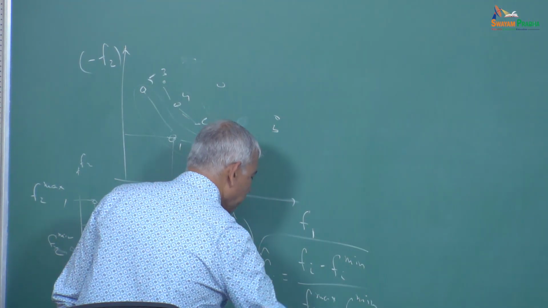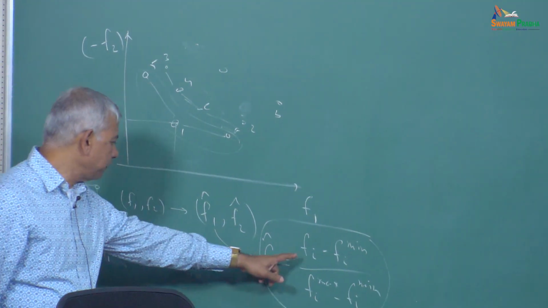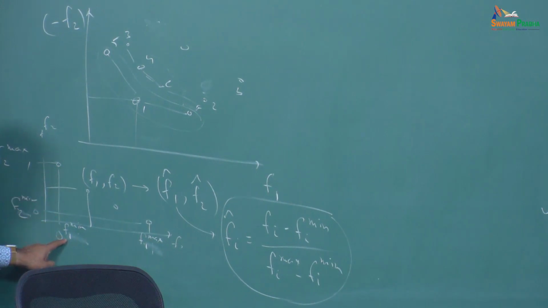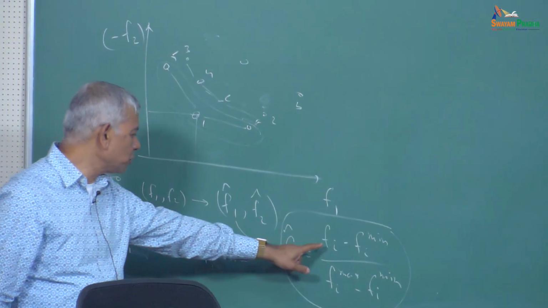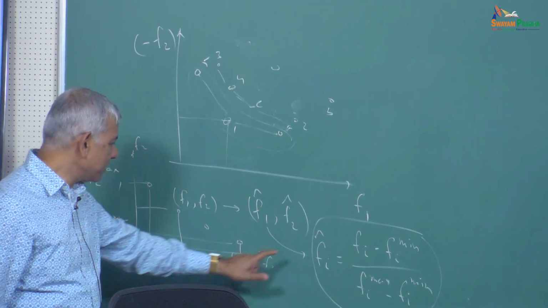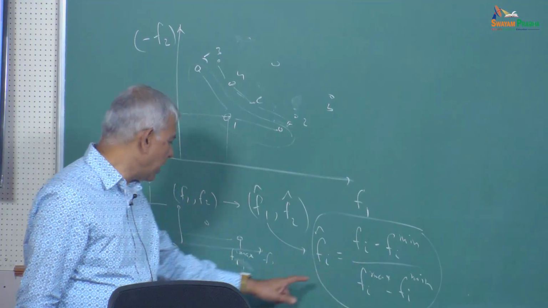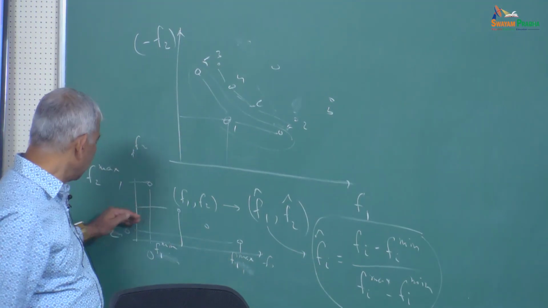This is the way you normalize. You know these values. If you put f1 min as fi, you get 0, so this will become 0. If you put f1 max here, then it cancels out and you have 1, so it will be 1. Same thing for f2.